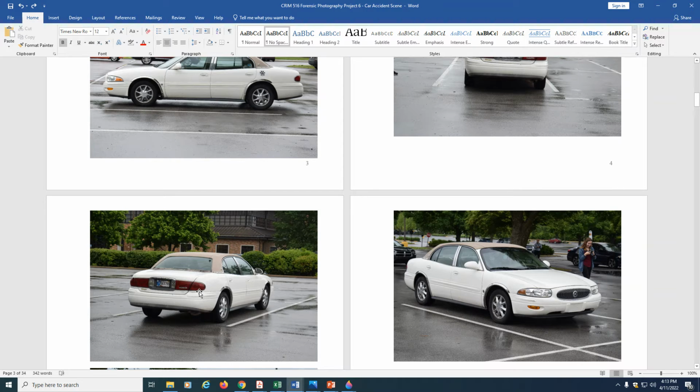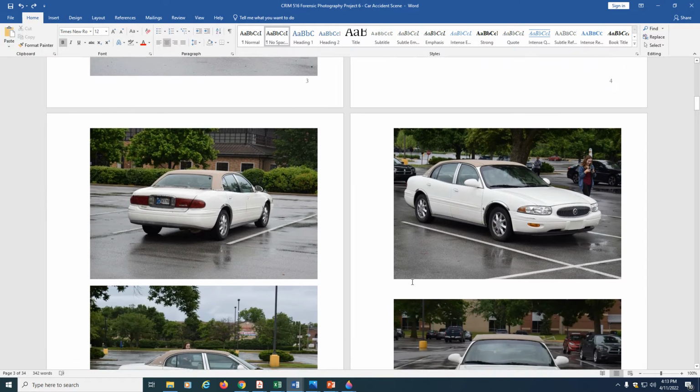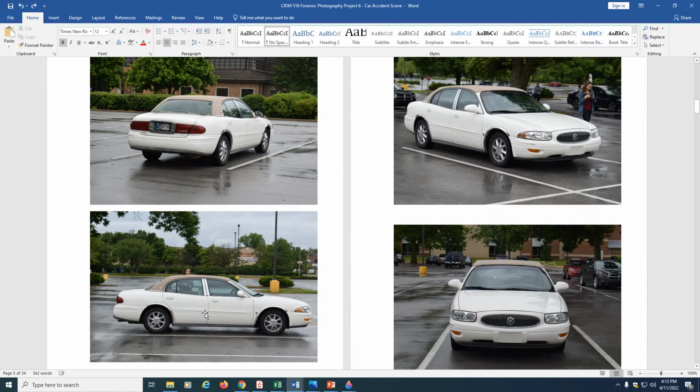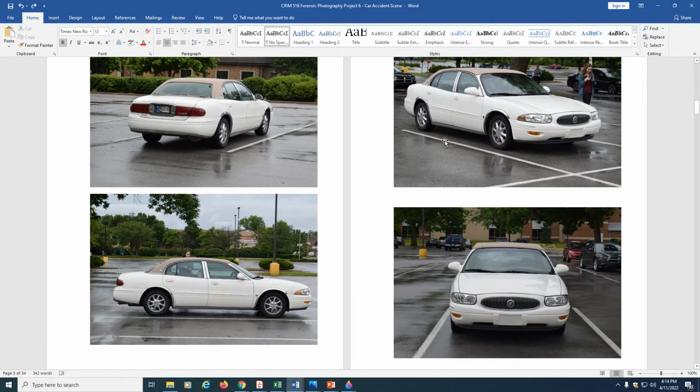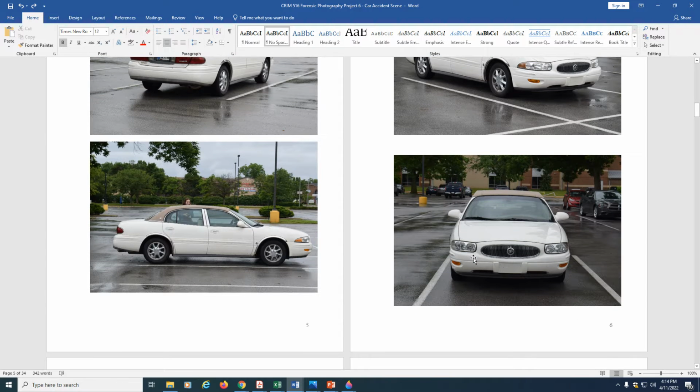Like I said, back passenger side corner, and then you're going to go to the passenger side, and you come up to the front passenger side, front of the vehicle. So you've covered everything, right? Once you've covered all areas in a medium range, so like I said, fill the frame, but far enough to where the whole vehicle's in it, that's going to be considered a medium range photo.